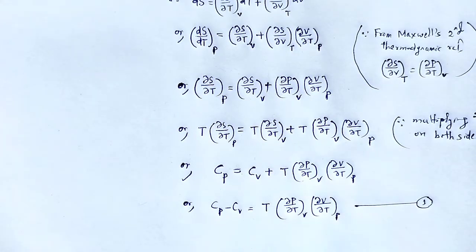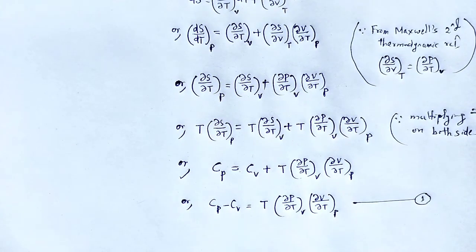By using that equation, we can find out the result of Cp minus Cv in case of a perfect gas, in case of a van der Waals gas, and also in case of any substance.